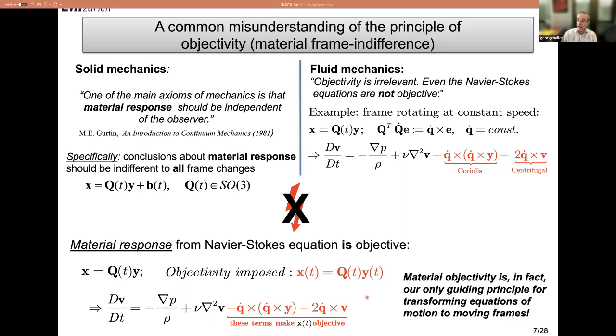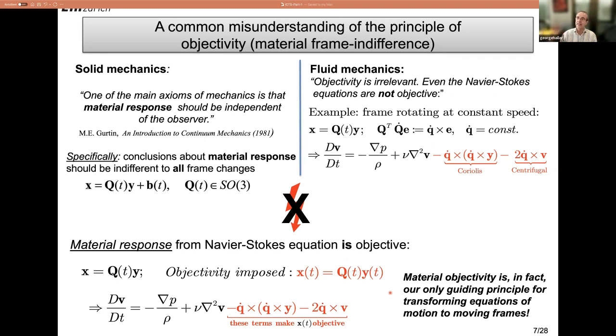So generally speaking, if you switch to a new frame, which is completely general, not just a uniformly rotating one, okay, some crazy frame, maybe a quadcopter frame, which is really doing crazy motion, the only recipe we know for deriving the equations of motion is applying the principle of material objectivity, which is we start from this relationship, which is now more general. It has translations and rotations.